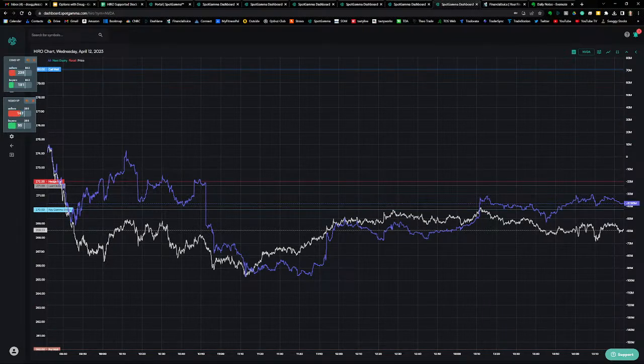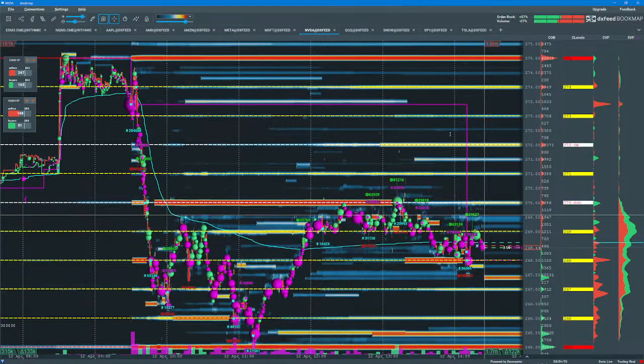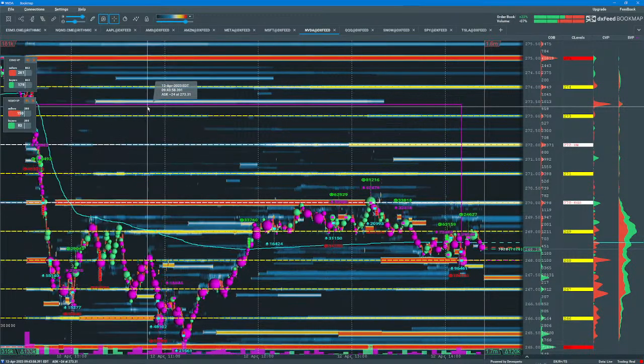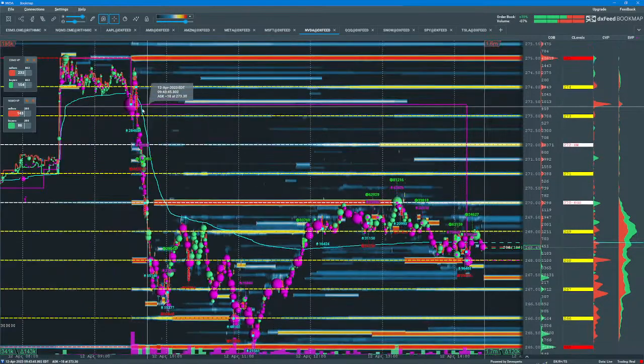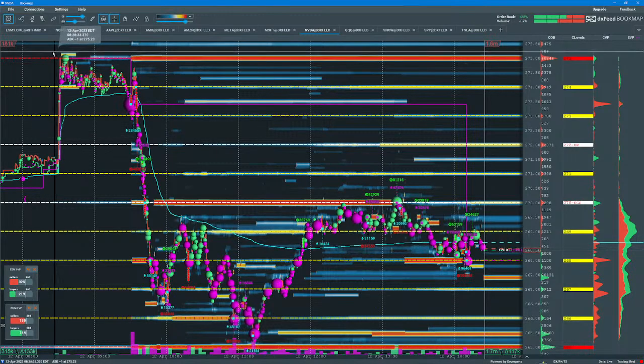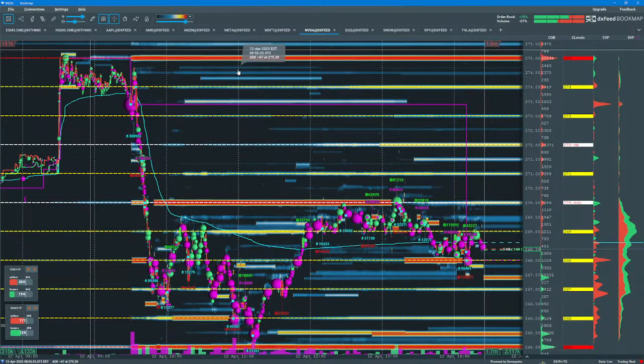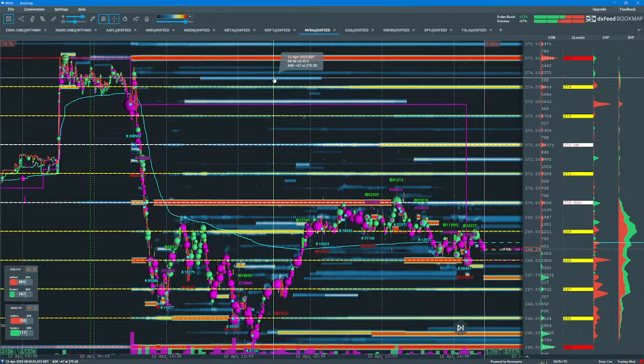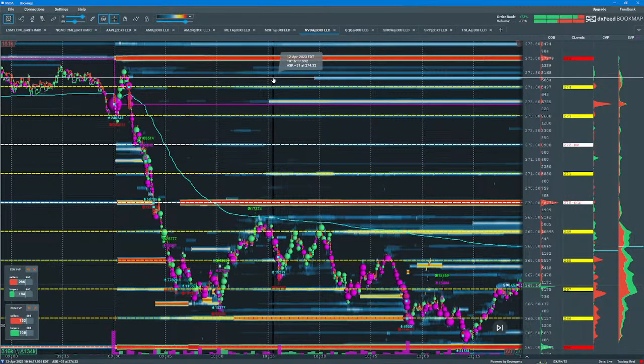Let's go back and take a look at Bookmap. And note, let me zoom in on this. Note the sell sweep here.